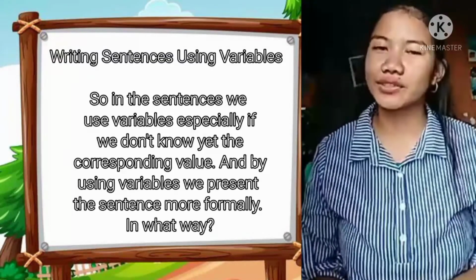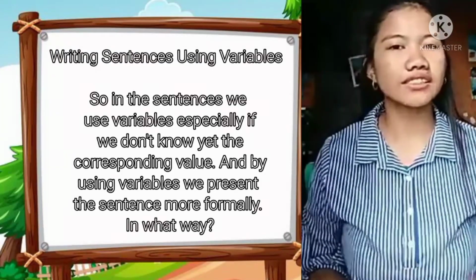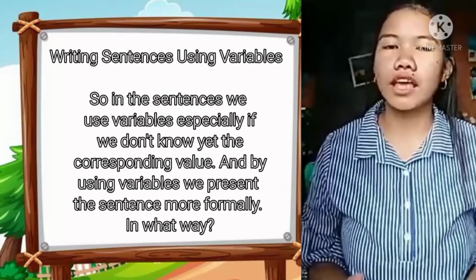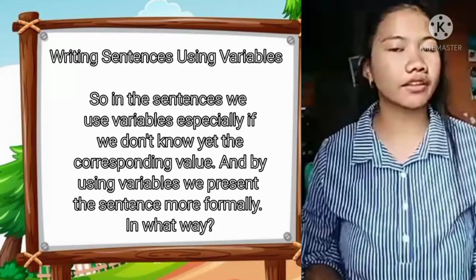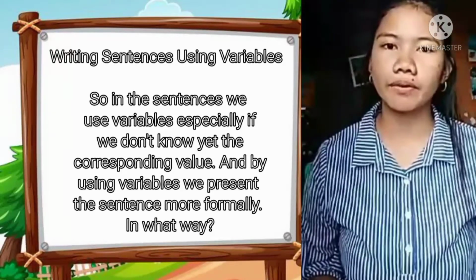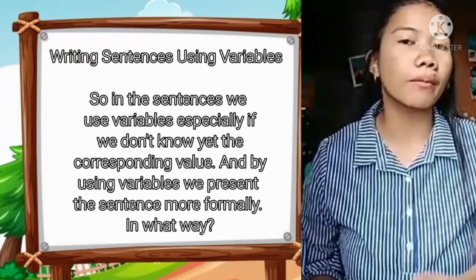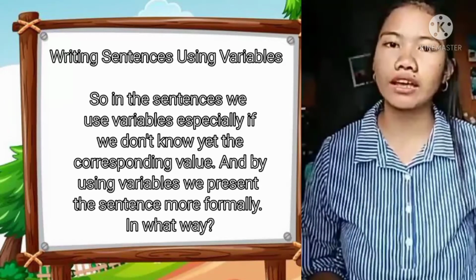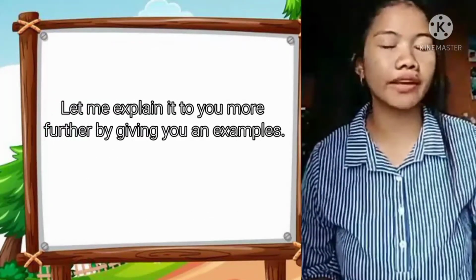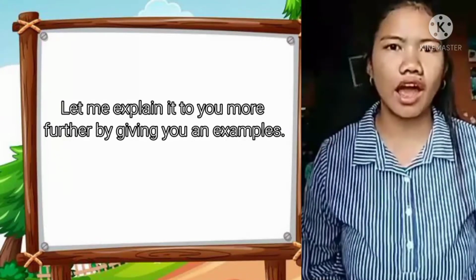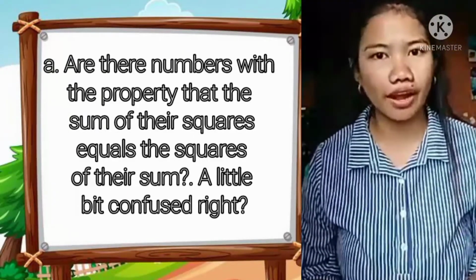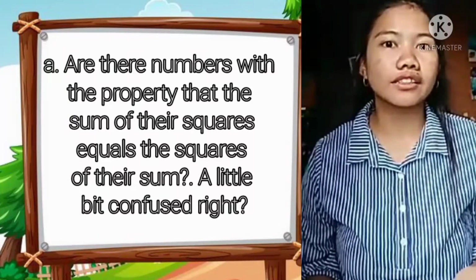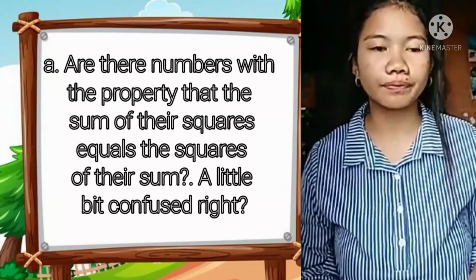Writing sentences using variables. So in the sentences, we use variables, especially if we don't know yet the corresponding value. So by using variables, we present the sentence more formally. In what way? Let me explain it further by giving you an example. Are there numbers with the property that the sum of their squares equals the square of their sum?